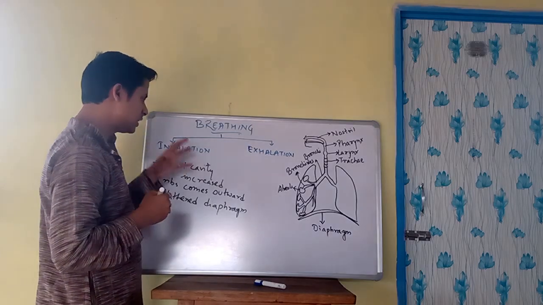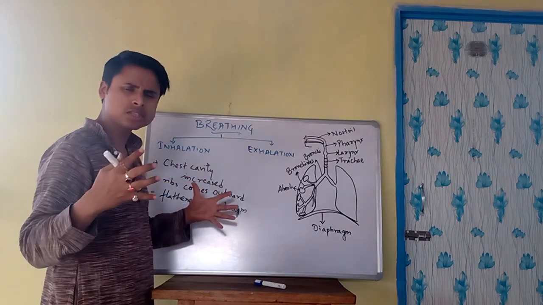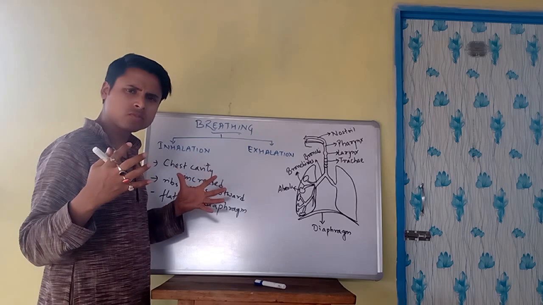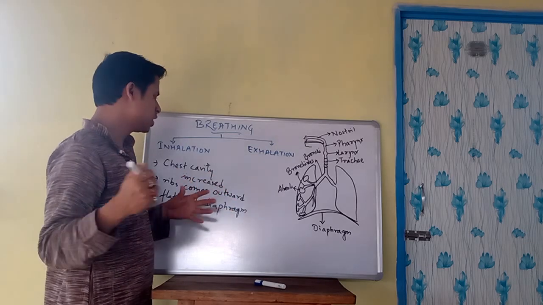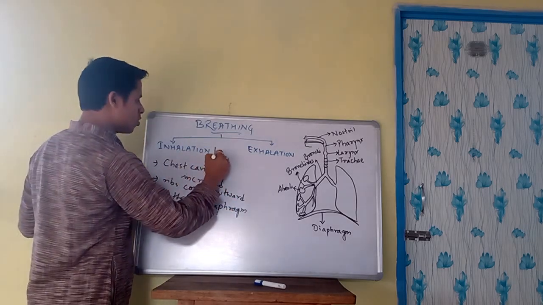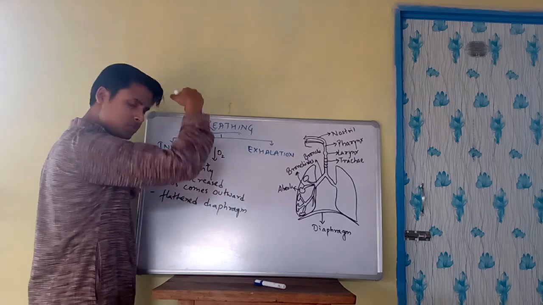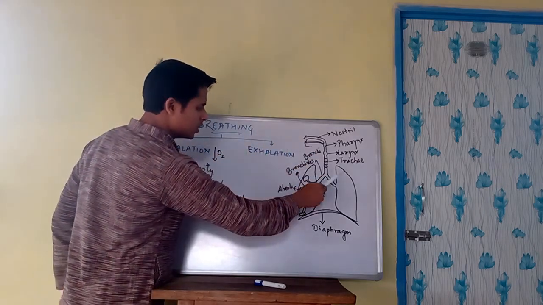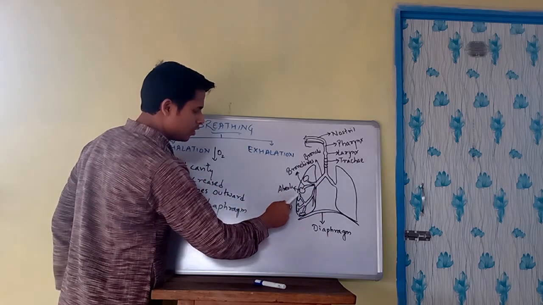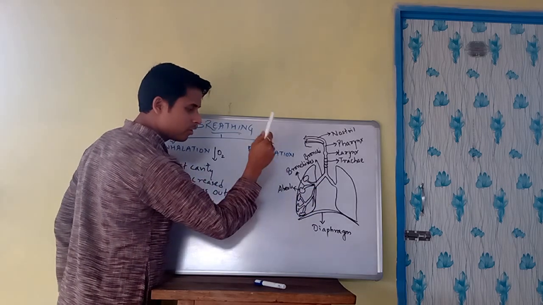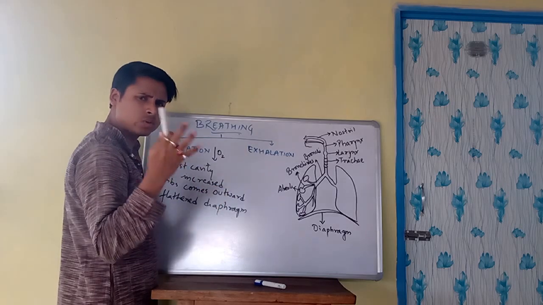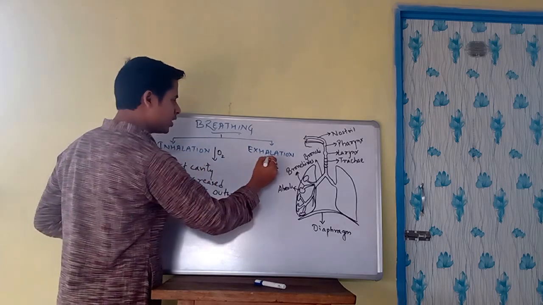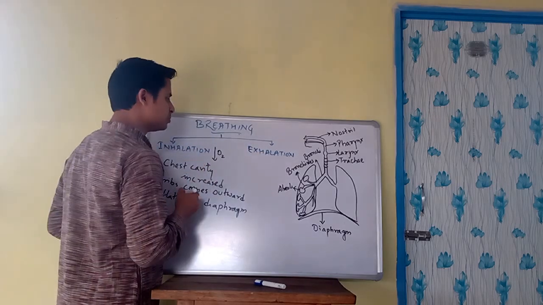And because of this, it gets more surface area, and because of more surface area, the oxygen comes into the lungs, and when it comes into the lungs, it reaches the alveoli. From here, what happens? We will see.